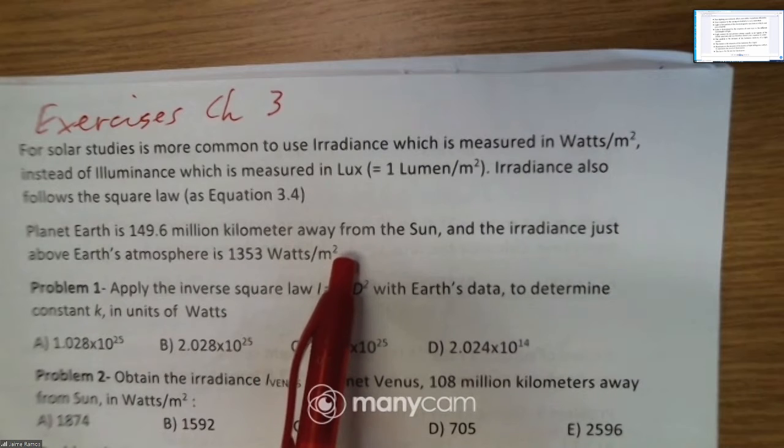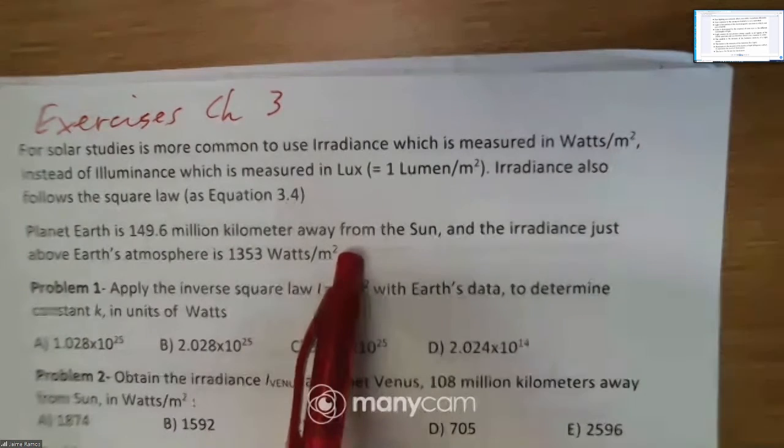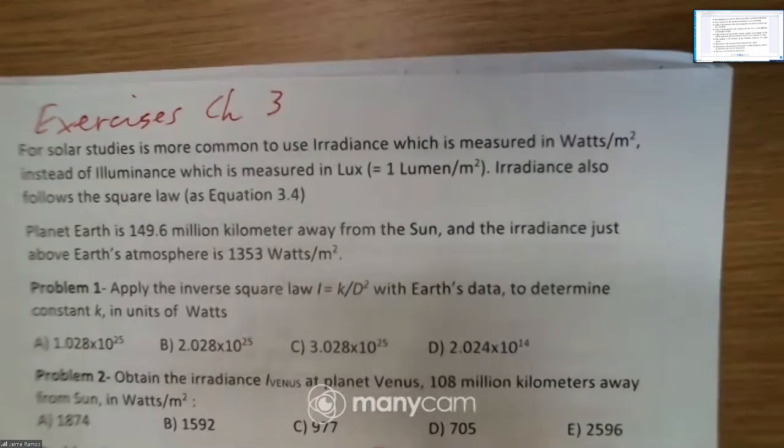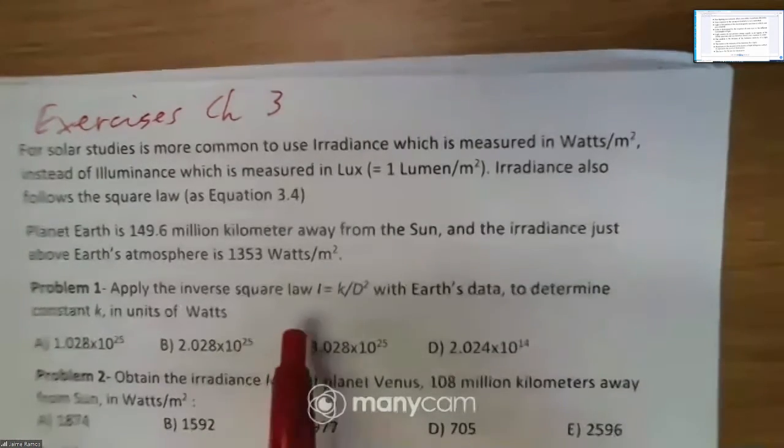So that's why they say that in one day the Earth gets more energy from the sun than all that we use, everybody, the 7 billion inhabitants, in 1 year.